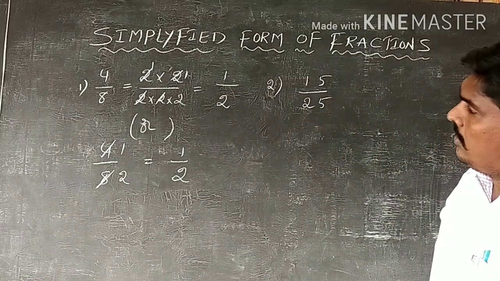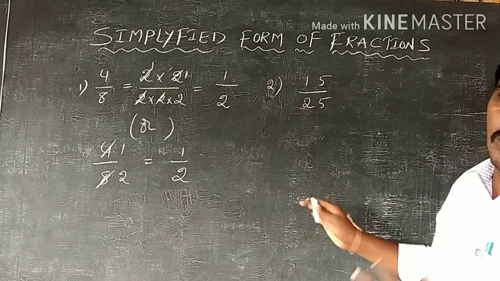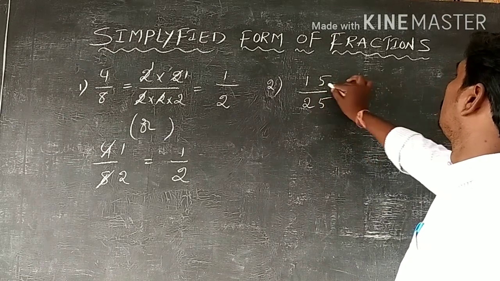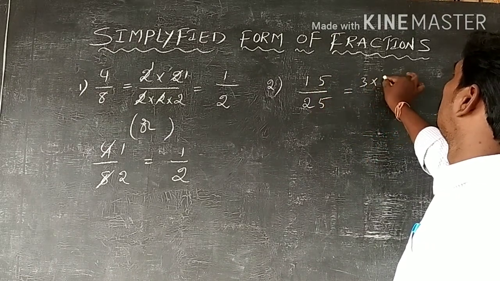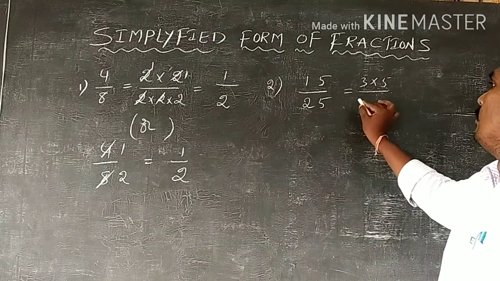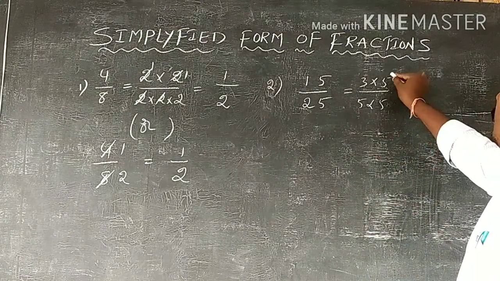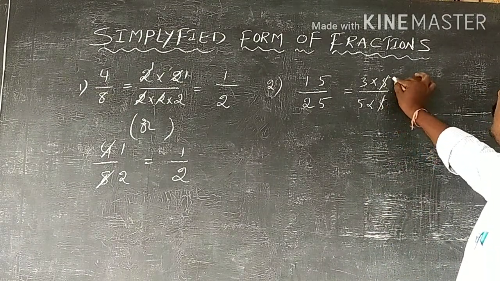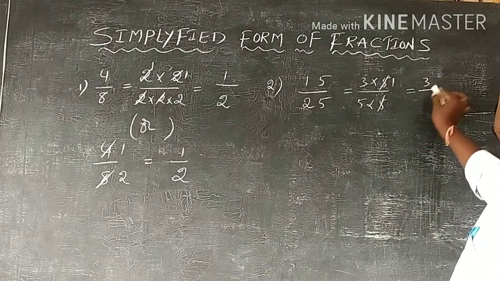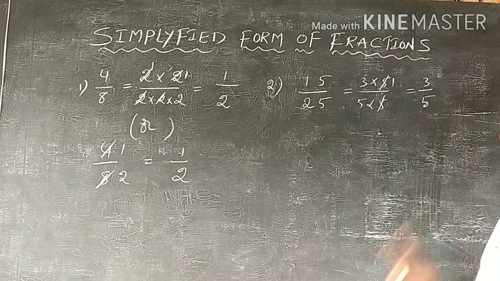First this method, next that method. 15 has factors 3 into 5, 25 has factors 5 into 5. Numerator 5 and denominator 5 cancel one time. 3 ones are 3 by 5. So 15 by 25 is equal to 3 by 5.